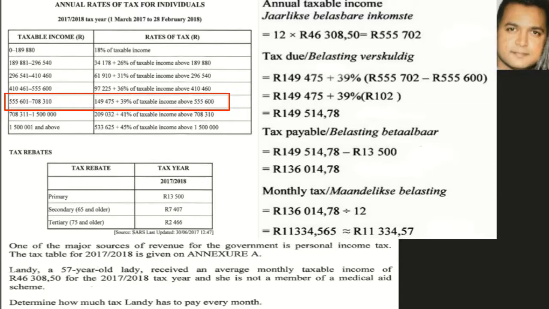What it means is that any amount above 555,600 will be taxed. Using the person's amount, which is 555,702, it's more than the 600, so whatever is more than this 555,600 will be taxed. Say for instance I'm only going to tax 100 rand and anything above 100 rand.